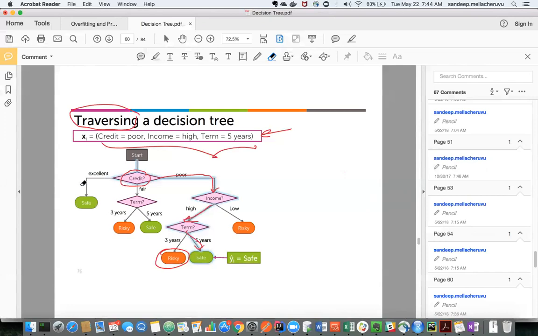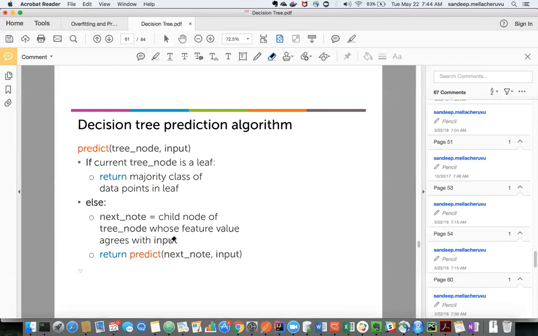When credit equals poor and income is low, it is always risky. When credit equals excellent, it is always safe, no more conditions. I have a set of rules on which I can define all these decisions I am taking. So that is the reason I can easily explain this.